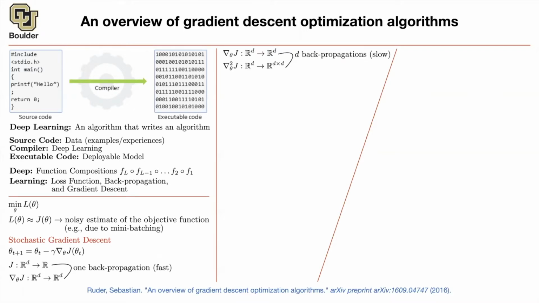If you want to compute the Hessian, which is a function from R^d to the matrices, because a Hessian is a matrix, you need to do d iterations of backpropagation. Then that's slow. Computing these J functions, because these are deep and wide neural networks, are expensive, let alone doing it d times, and d is usually in the order of millions of parameters.